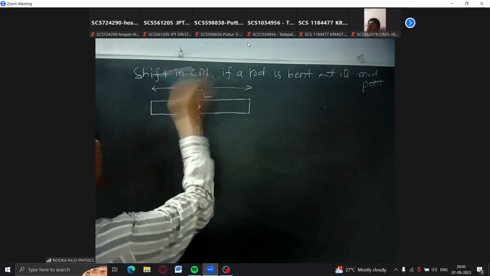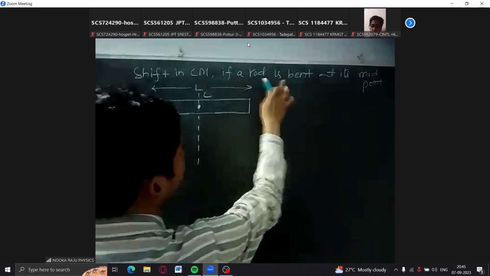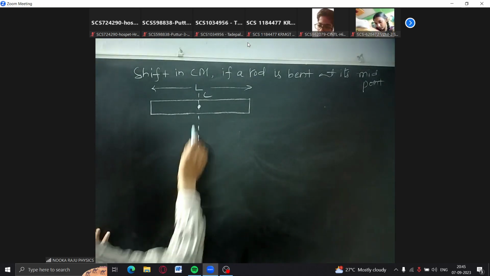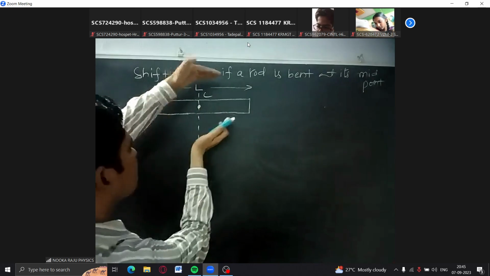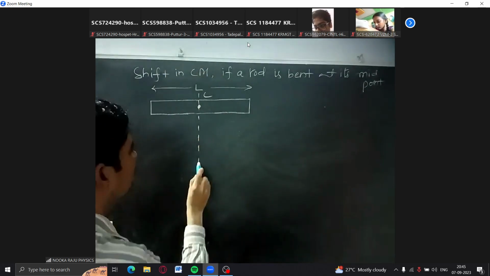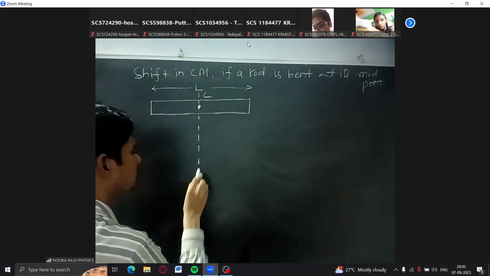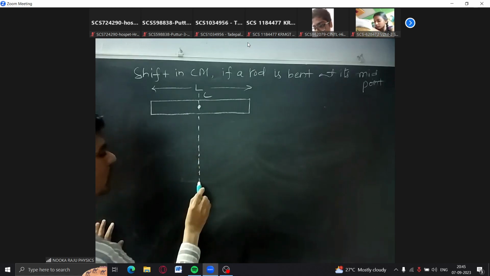So according to the given shifting center of mass, if a rod is bent at its midpoint, so if you consider the midpoint, this one is bent into some different shape like this.